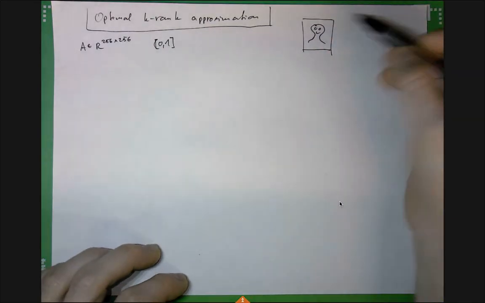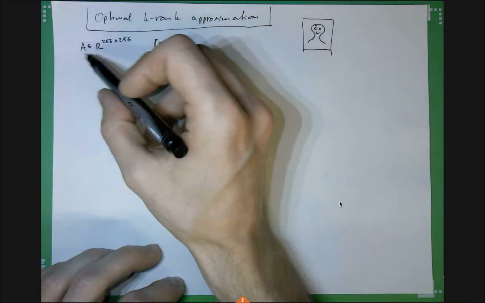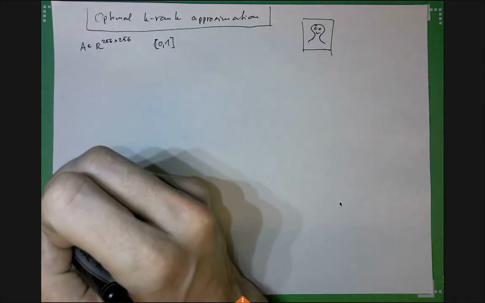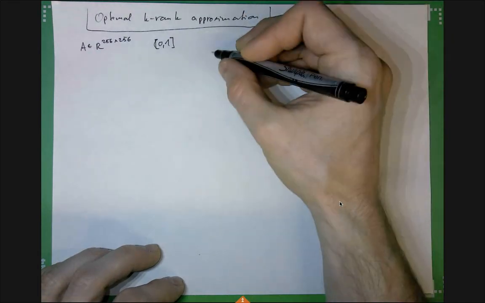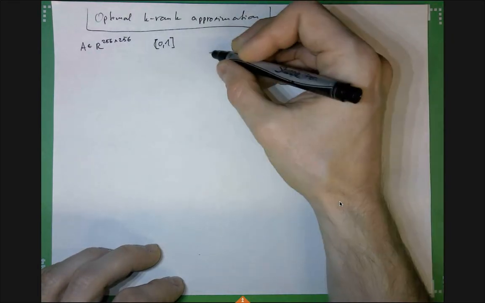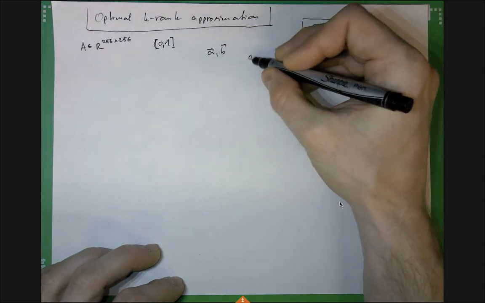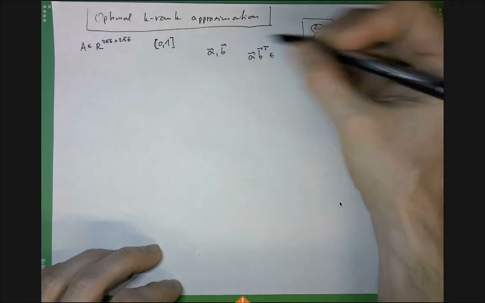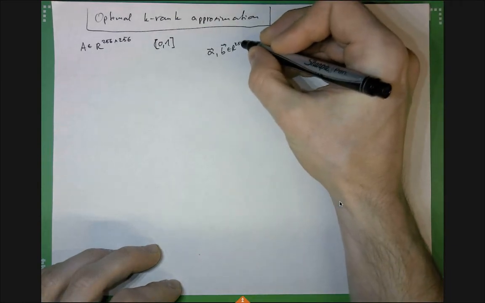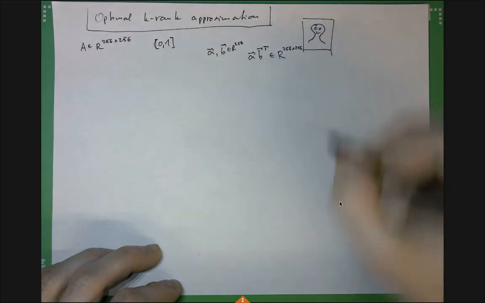Let's say I want to compress this image by finding a rank k approximation of the matrix. The simplest case would be a rank 1 approximation. Rank 1 approximation would mean to just find vectors a and b such that a b^T, the outer product, is a matrix. If a and b are 256-vectors, then this would be a 256 by 256 matrix.